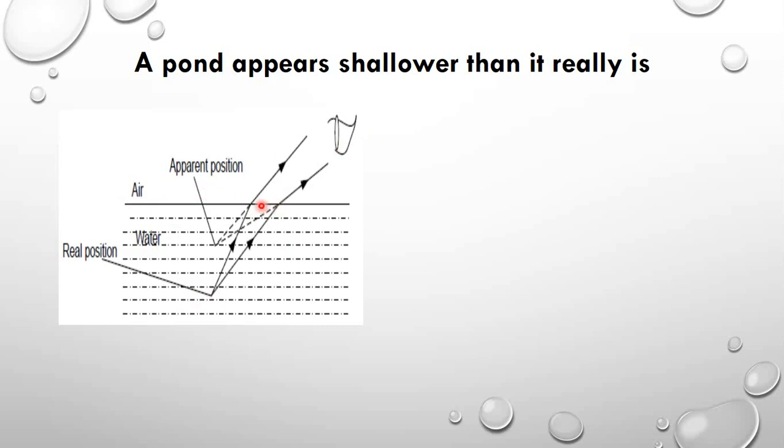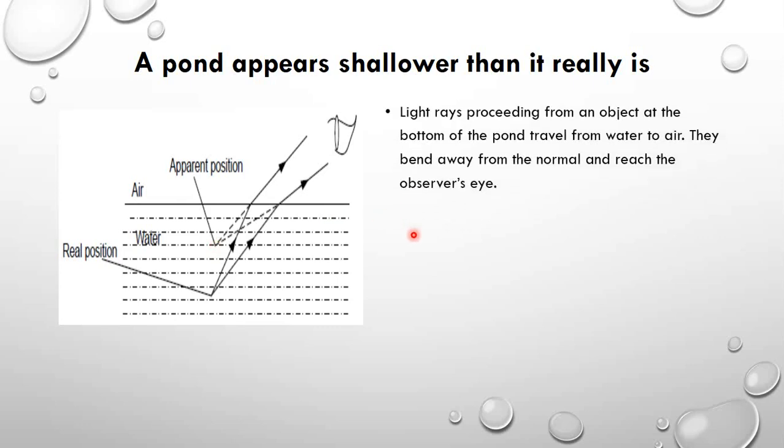And to an observer, the light rays will be appearing to be coming from a position slightly above the real position of the bottom. So the bottom will appear to be at a slightly higher position than it really is. So because of that, the bottom of the pond will be above here, and the pond will appear to be shallower.